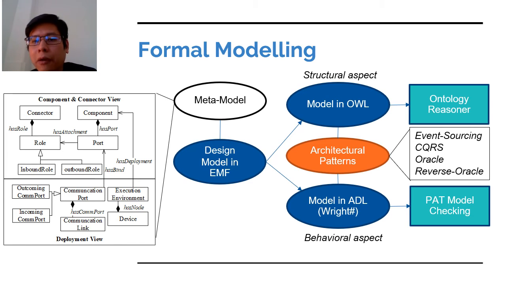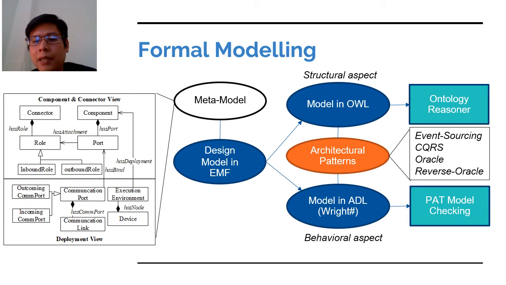The model can be converted into OWL, which will help to describe the structural aspect, such as how components are connected to each other. And also, it can be converted into ADL to describe the behavioral aspects, such as how components interact with each other.